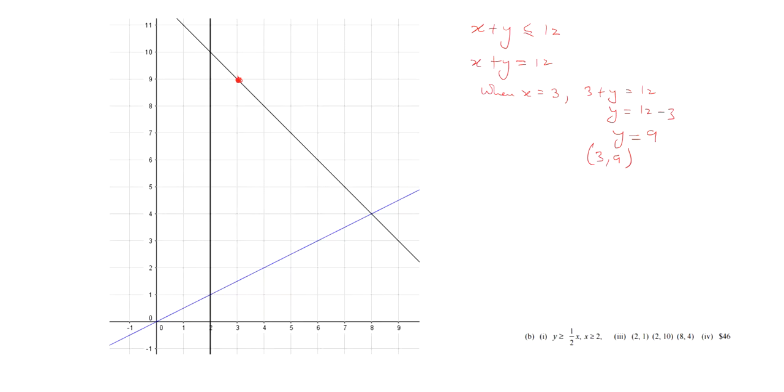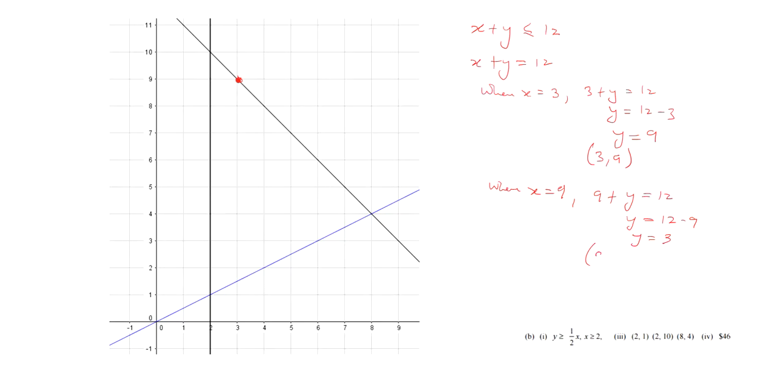Alright, then we need to choose another point. So let's say when x is equal to, let's say 9, we end up with 9 plus y is equal to 12. y is equal to 12 minus 9, so y is equal to 3.